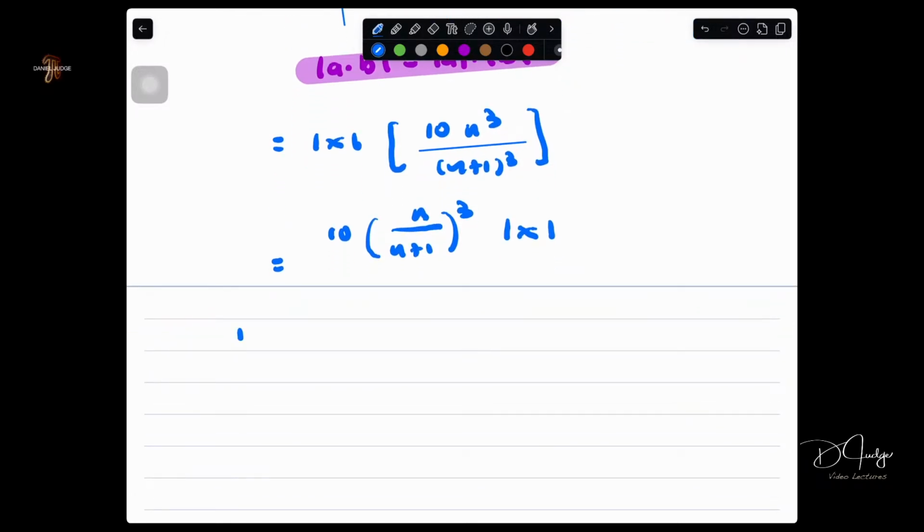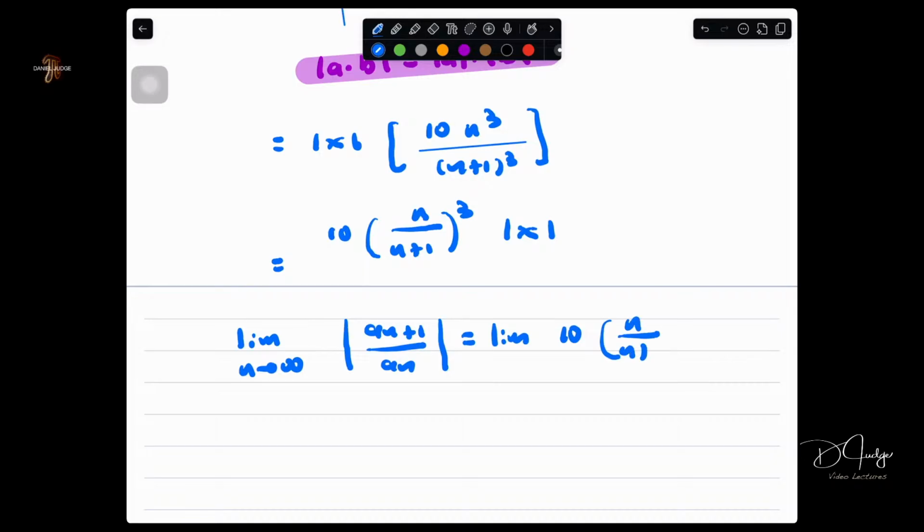So now we're going to look at the limit as n goes to infinity of the absolute value of a_(n+1) over a_n, which would be the limit of 10 n over n plus 1 cubed, the absolute value of x. Because this limit applies to the variable n only, it's going to apply to these terms.